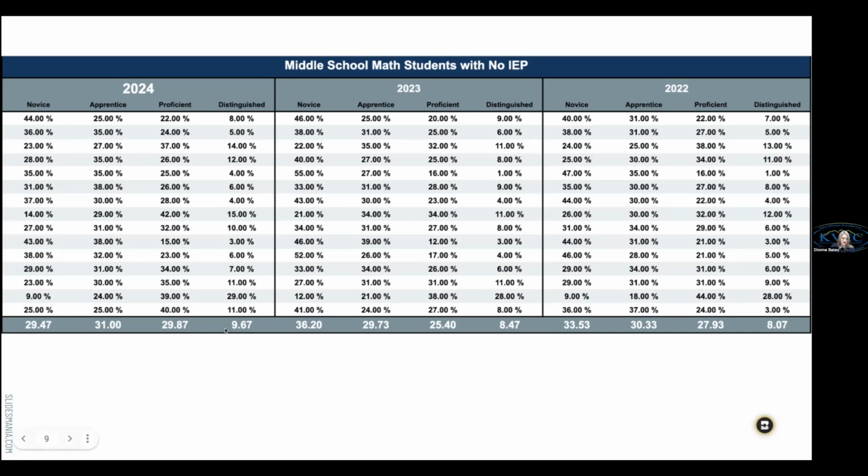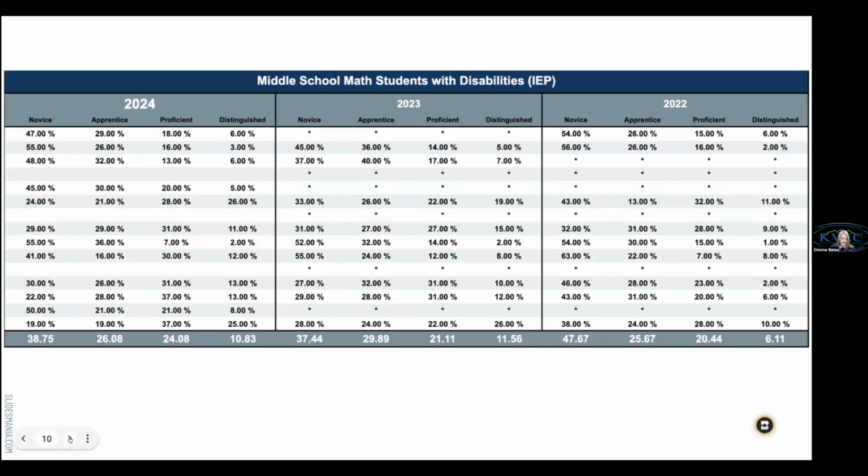One of the things I noticed is that we've decreased our novice here, but if we have around a 40% proficient and distinguished rate for non-disabled students, how are we doing for students with disabilities? And so I'll click to this next one. And again, you'll see at a real quick glance, that's suppressed data.